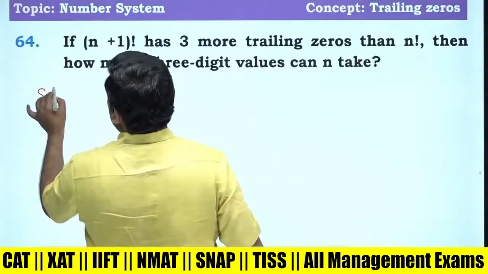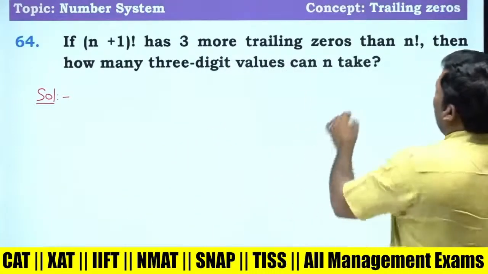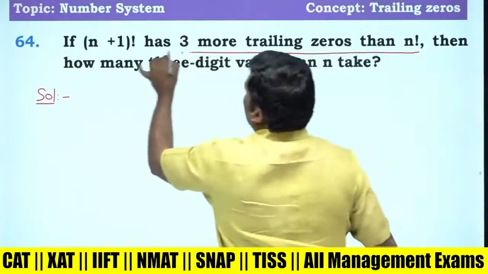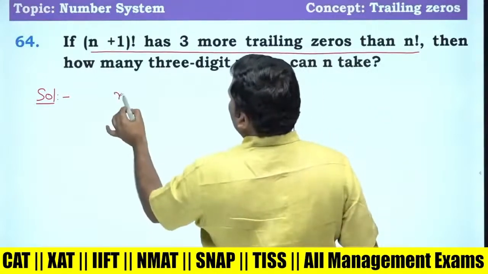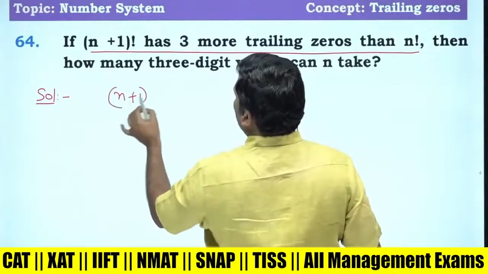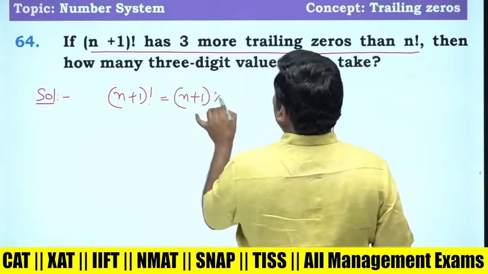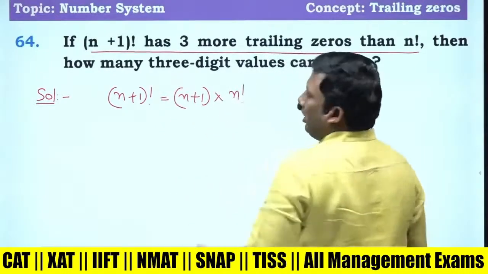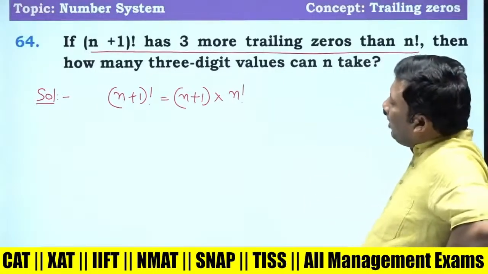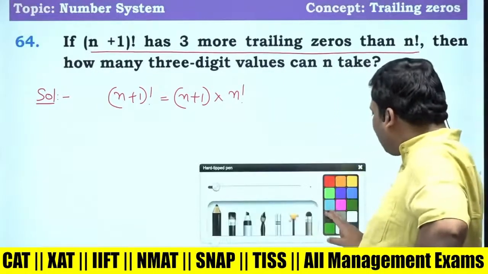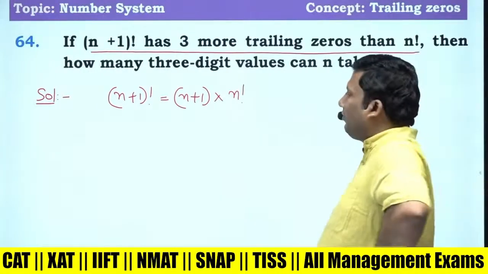Solution. N plus 1 factorial has 3 more trailing zeros than n factorial. N plus 1 factorial can be written as n plus 1 into n factorial. So the left hand side has 3 more trailing zeros than n factorial.